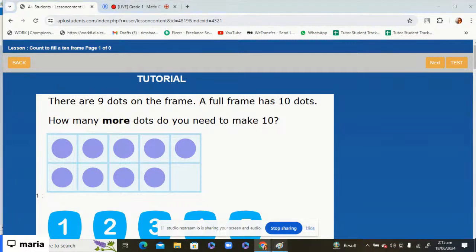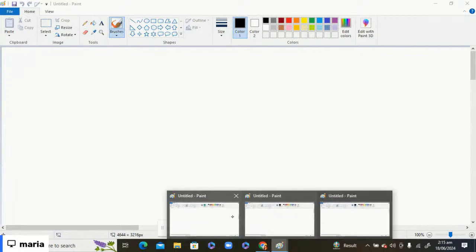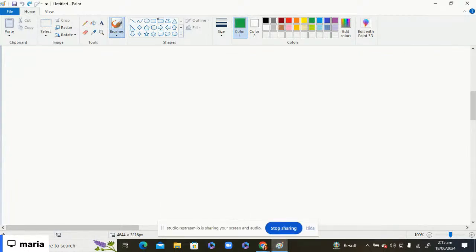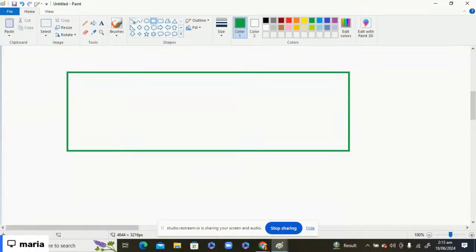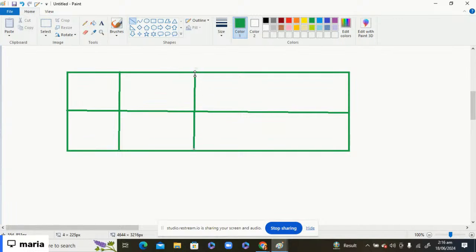Okay, for example, if I'm going to draw, here is the box, okay, and here are some spaces. I'm just going to draw some boxes, okay. And then I'm going to draw here this one, this one, and this one.